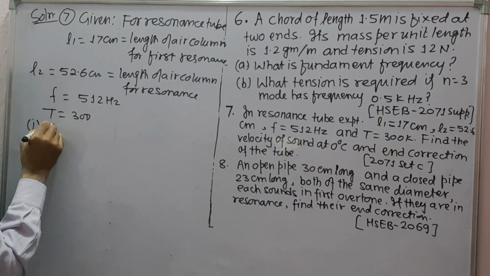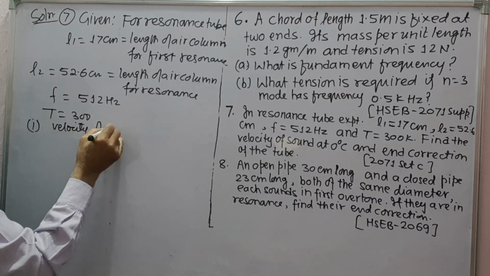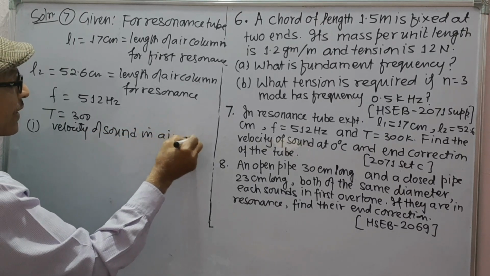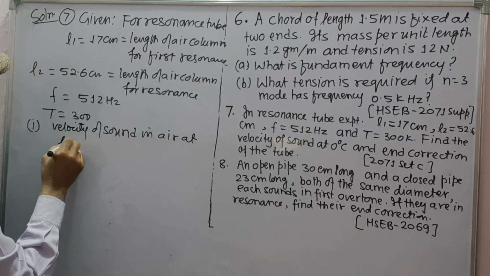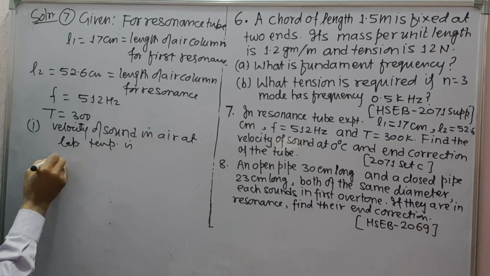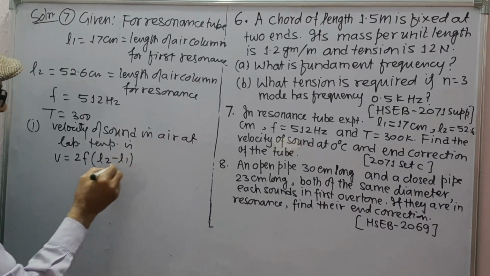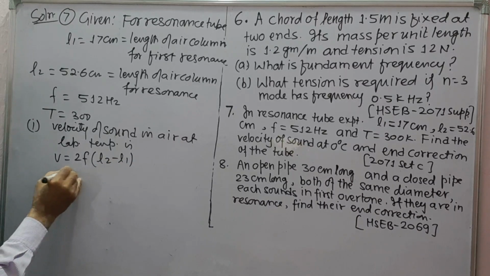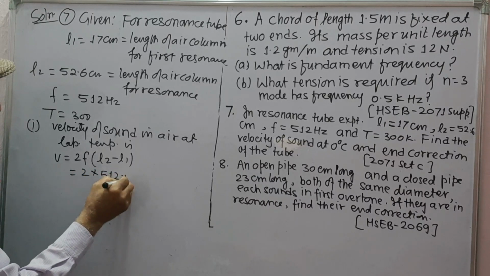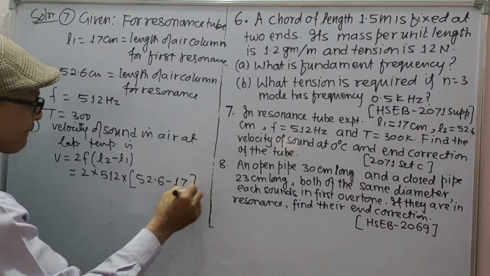Now velocity of sound in air at lab temperature is V is equal to 2F into L2 minus L1, 2 into 512 into 52.6 minus 17.